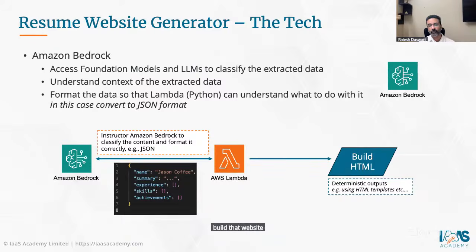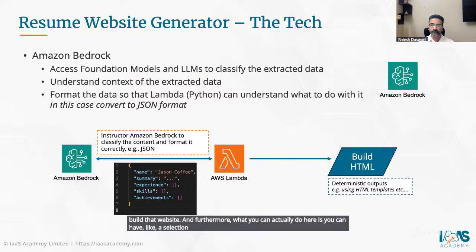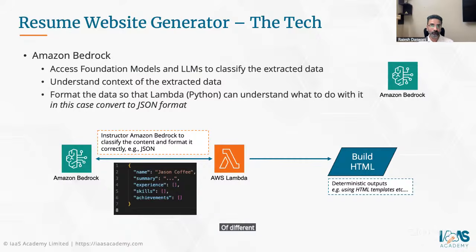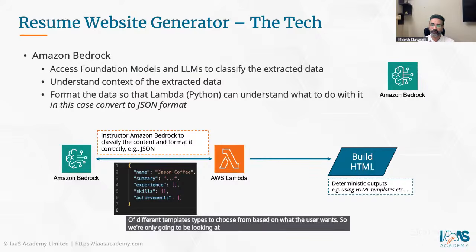And furthermore, what you can actually do here is have a selection of different template types to choose from based on what the user wants. We're only going to be looking at the backend processing today, but the front-end element of it, and I'll speak more about this in a second, can allow the user to select, okay, I want to build my resume website, I want dark mode, I want these colors, and this is the template I would like to use.